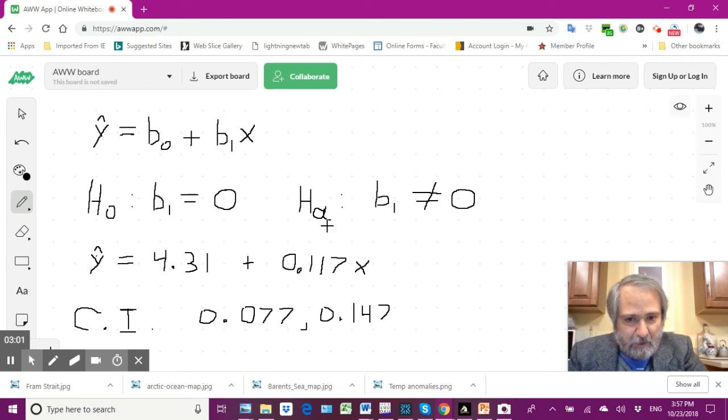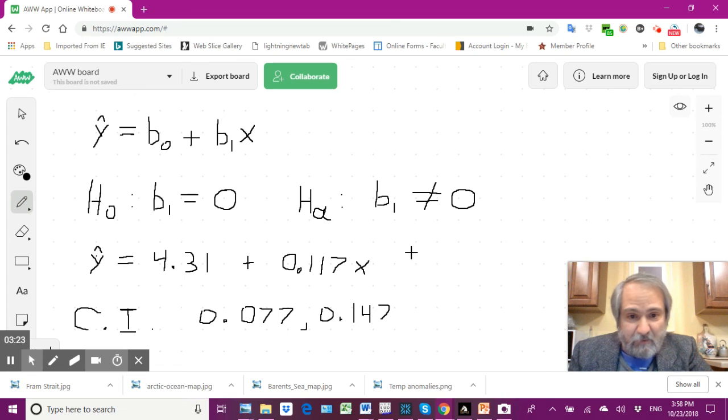The alternate hypothesis would be that b sub 1 does not equal 0. Now note, we're not specifying that b sub 1 is going to be greater than 0 nor less than 0. We just simply want to know, will this slope be non-zero?